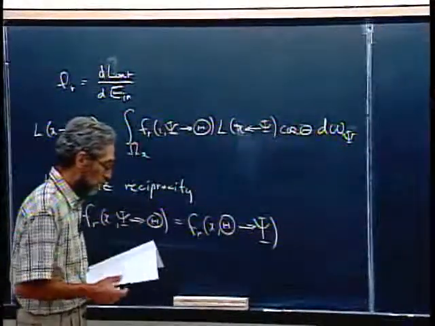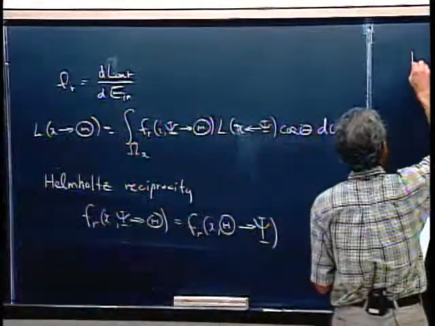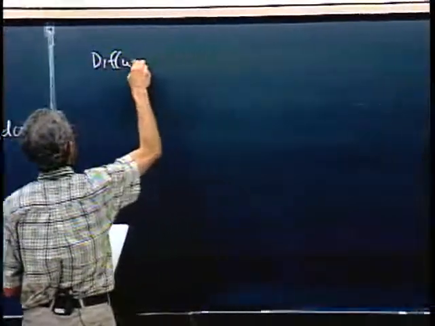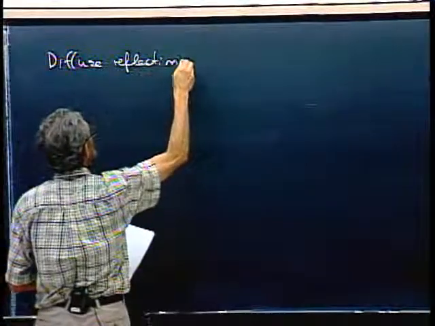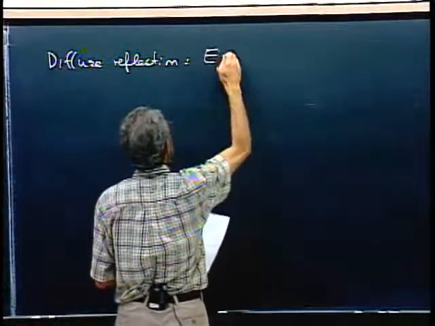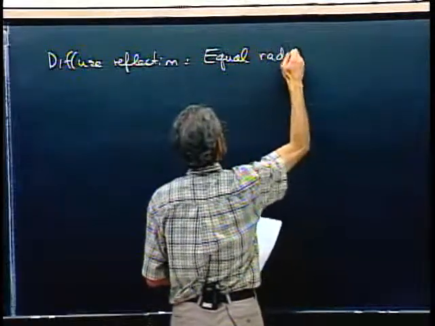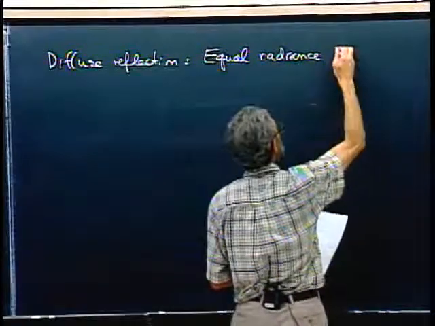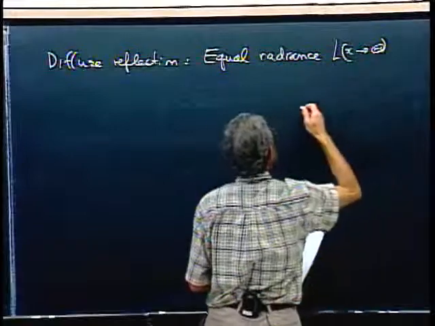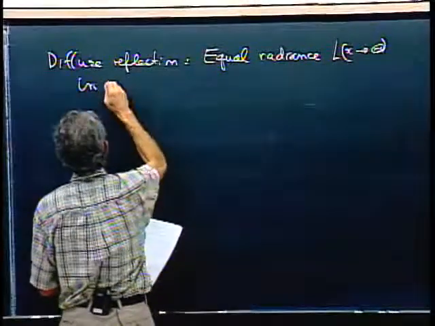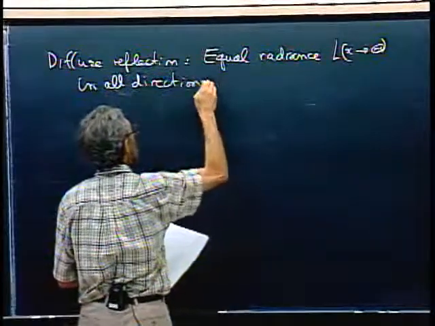So I want to talk about a bunch of special cases. And the first is diffuse reflection. And what that means, I said last time, is equal radiance reflected. So this is L from x going to theta in all directions theta.